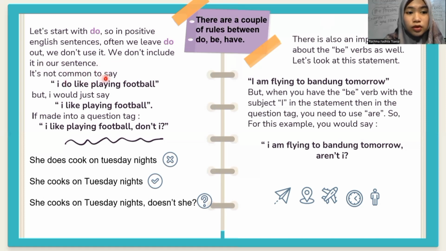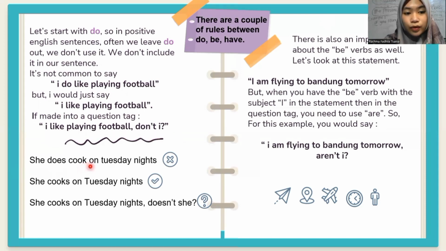It's not common to say, I do like playing football, but I will just say, I like playing football. If made into a question tag: I like playing football, don't I? Positive statement followed by negative question tag.